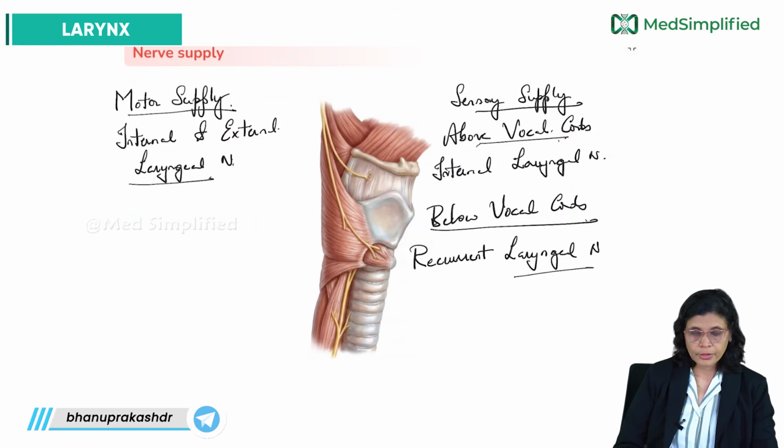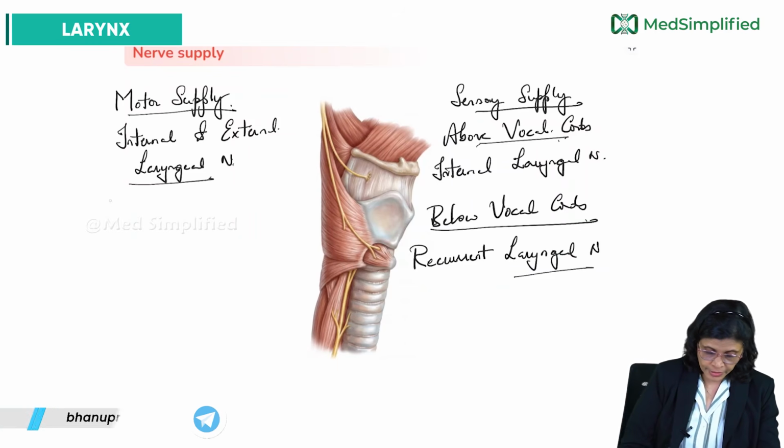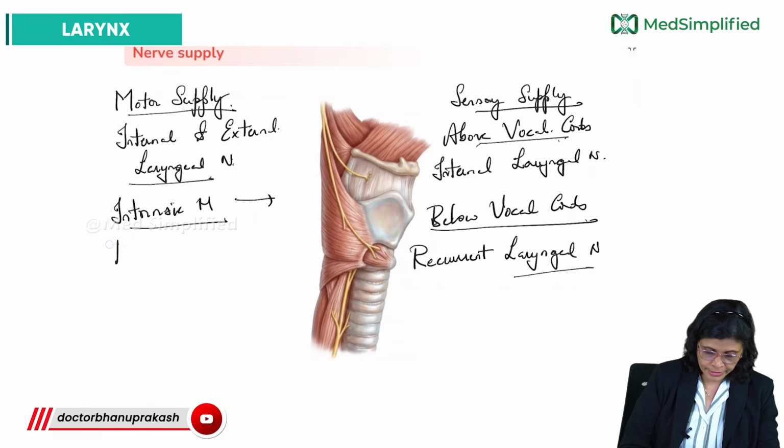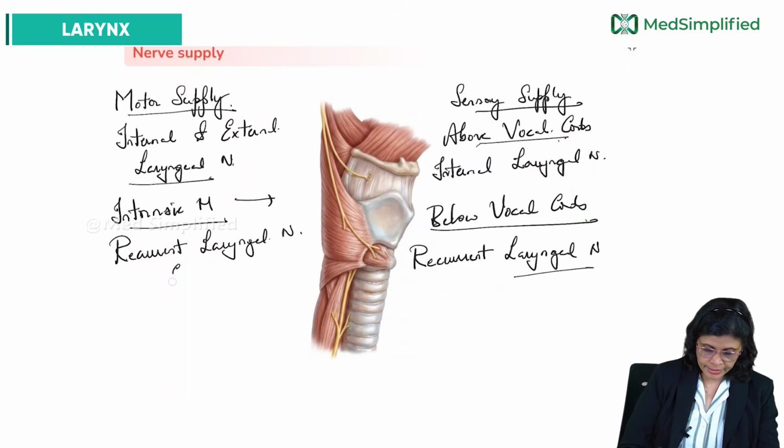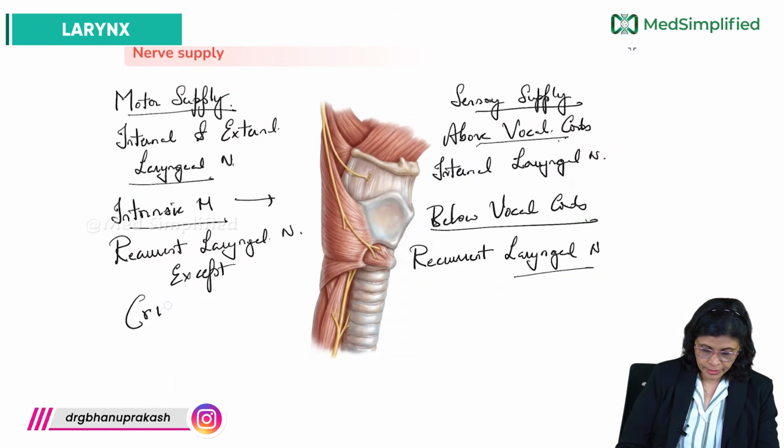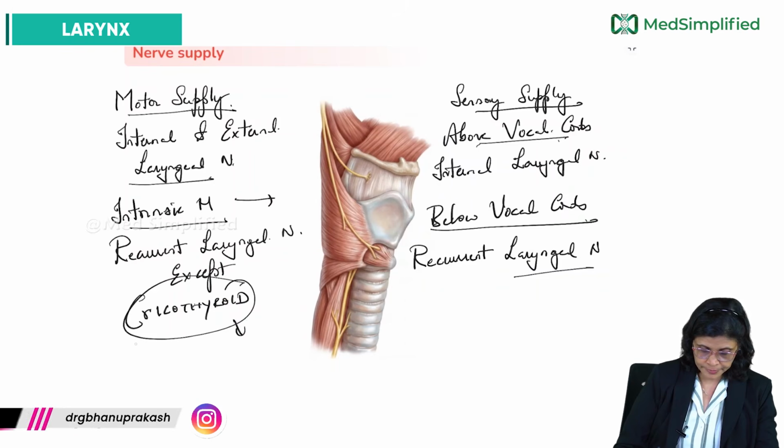So here what we have to remember is, in the motor supply, all the intrinsic muscles are supplied by the recurrent laryngeal nerve, except the cricothyroid, which is supplied by the external laryngeal nerve.